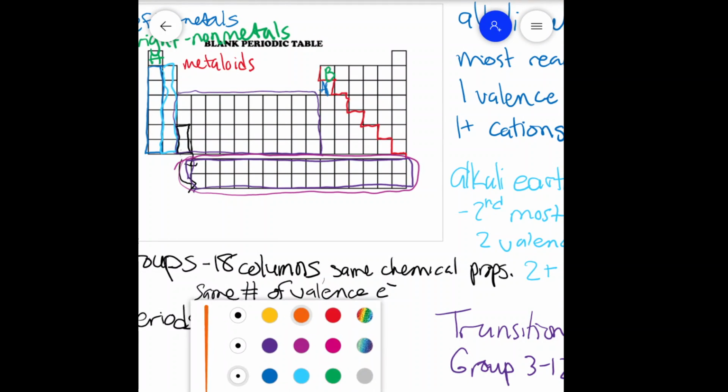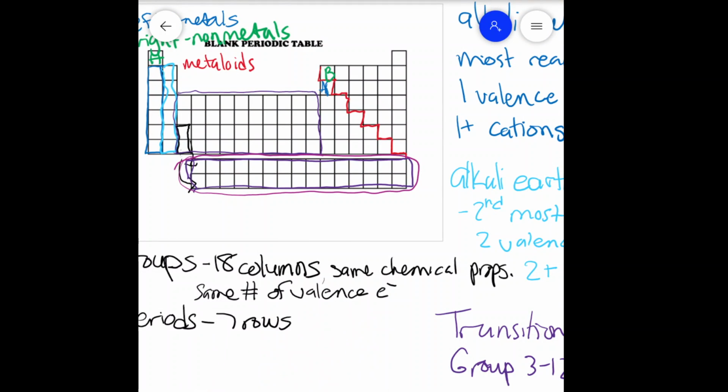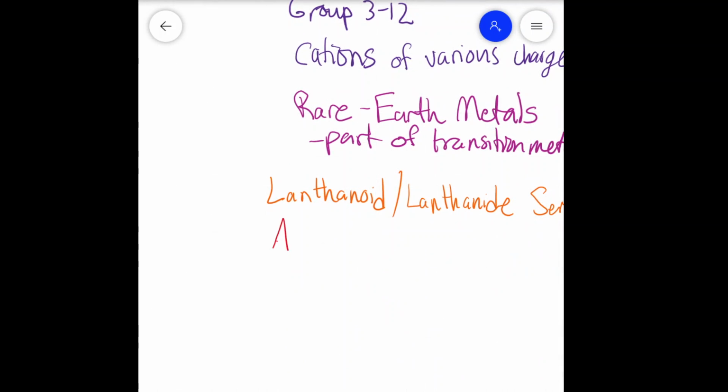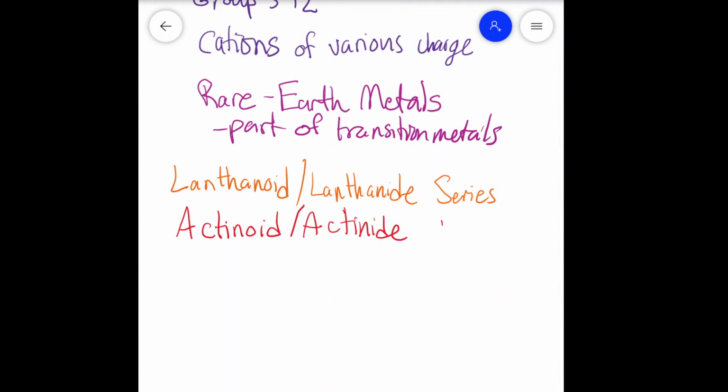And then that second row, that is the actinoid or actinide series, again named for the first element.